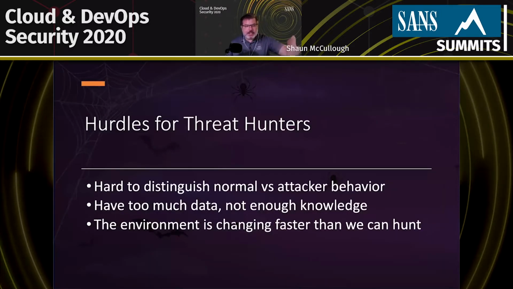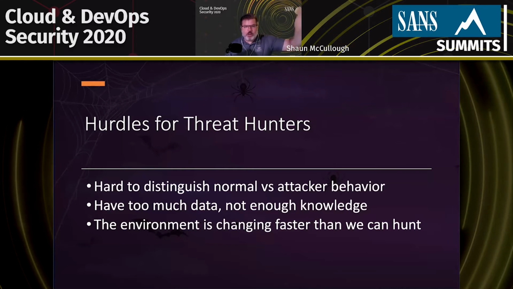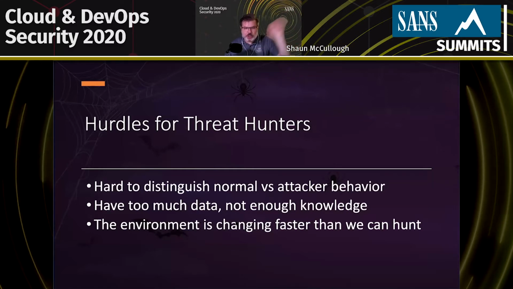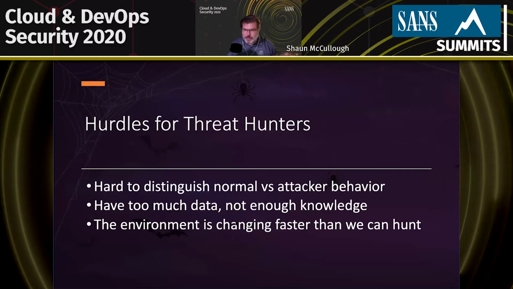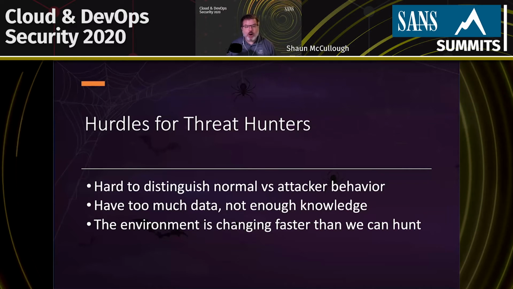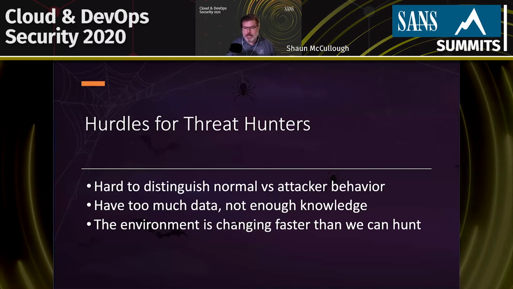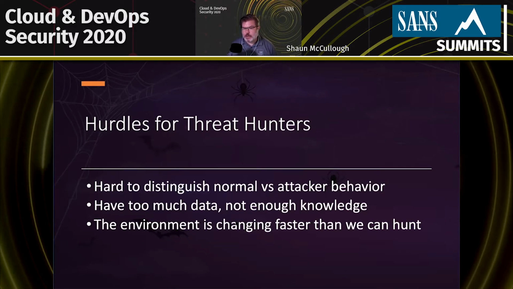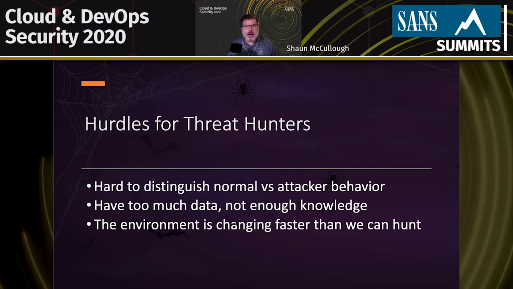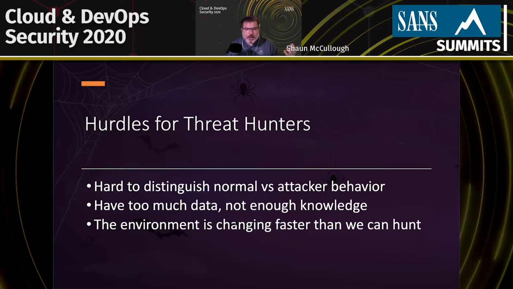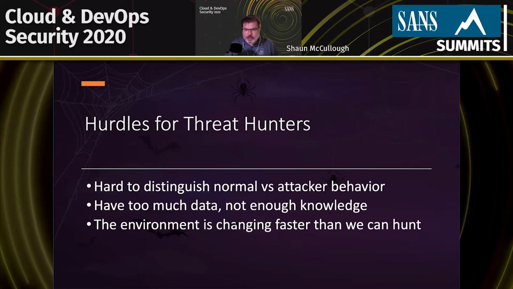All right. So this is not by any stretch of the imagination all the hurdles for threat hunting. It's just the three that I wanted to talk about tonight. The first one is that it can be really hard in a regular environment, not just cloud, to figure out what's normal behavior and what's attacker behavior. Imagine if you have an organization that allows remote desktop from admins from everywhere, and there's a lot of admins.